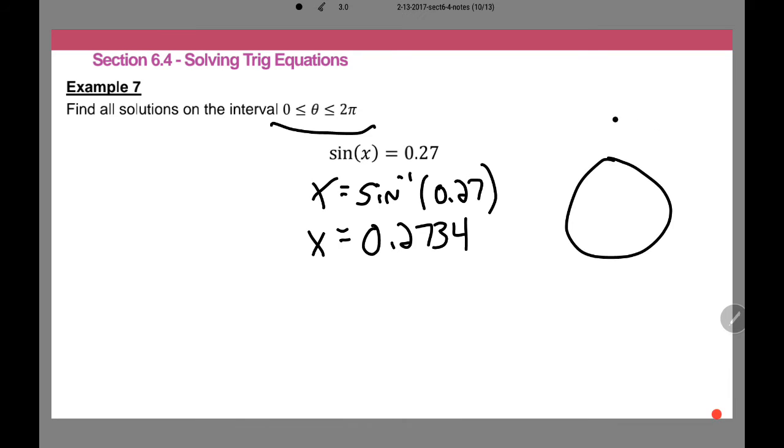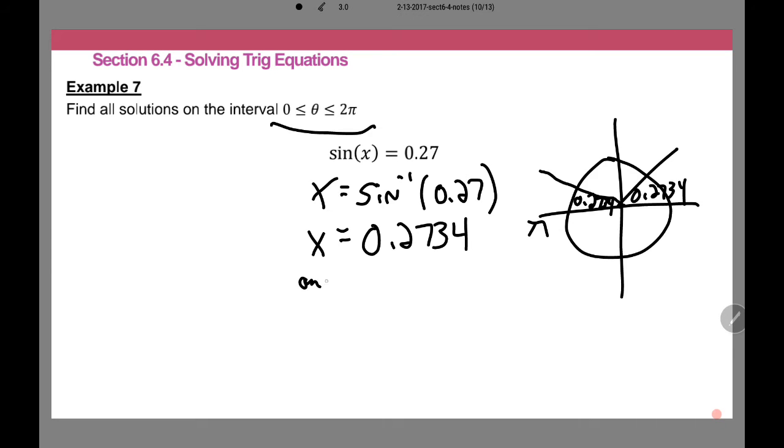Now, we did some of these before where we had to find the same sine value, and I hope you realize that if I have 0.2734 radians over here, I've got another angle that's the exact same distance from pi that will have the same sine value.